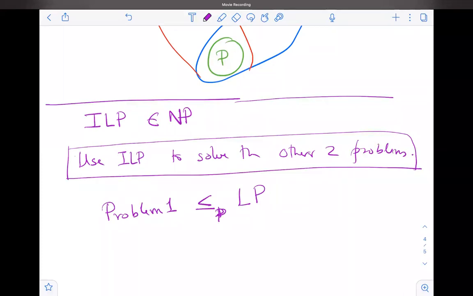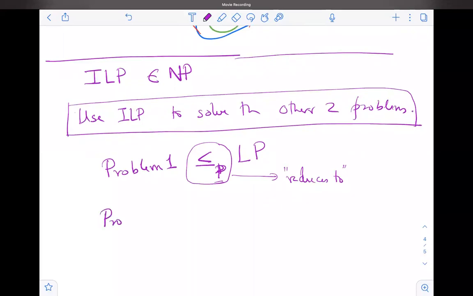Since LP can be solved in polynomial time, I can use that solution to solve problem 1. This notation is called reduced to, and the P here indicates polynomial time, meaning the LP instance is just polynomial in the size of the problem that was given.